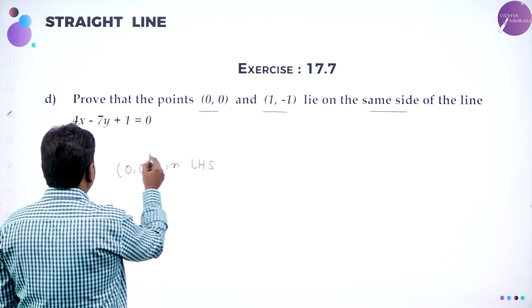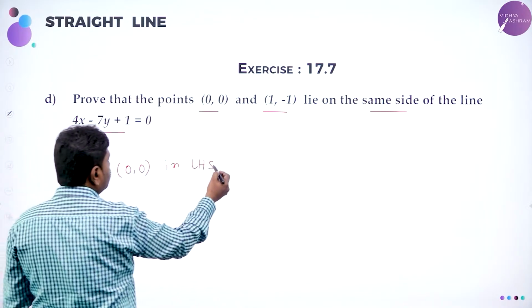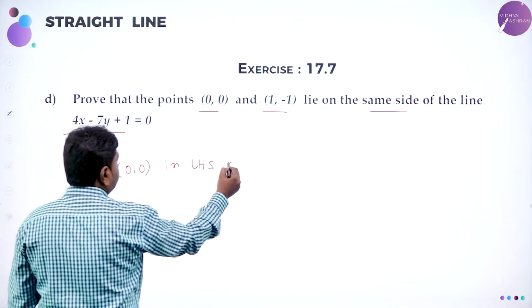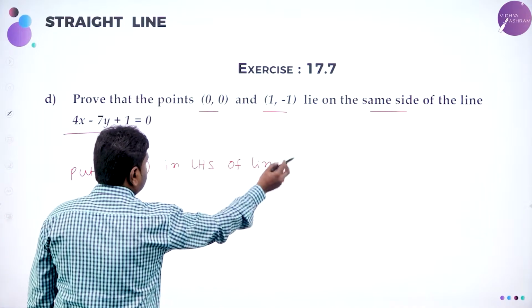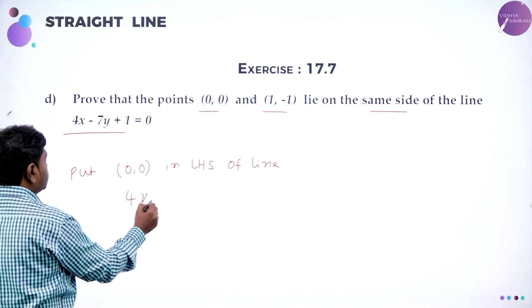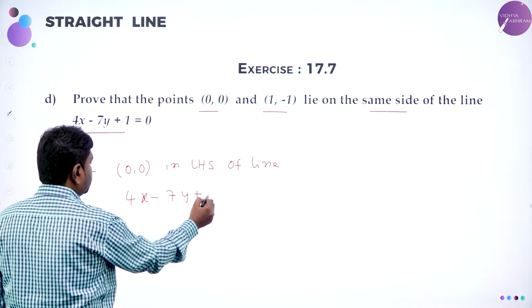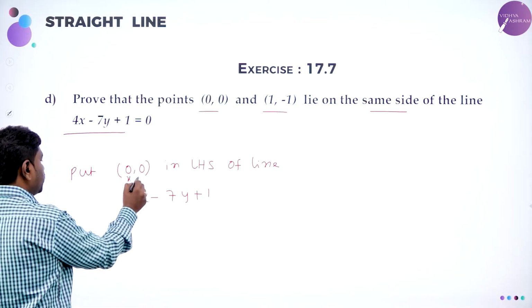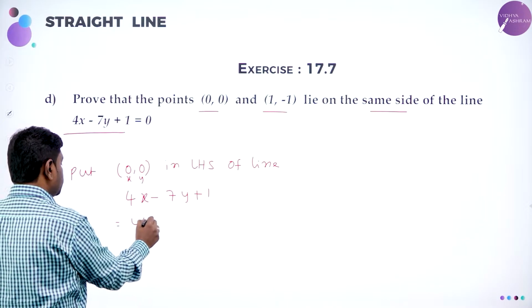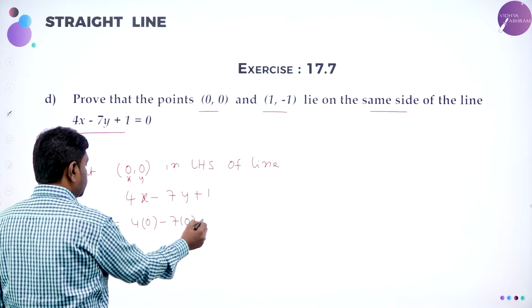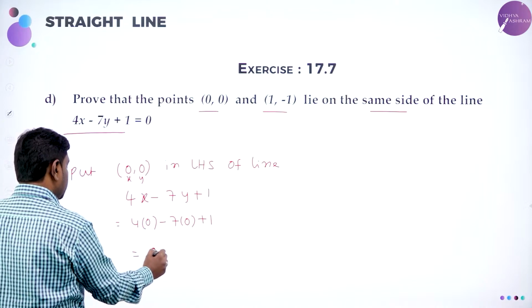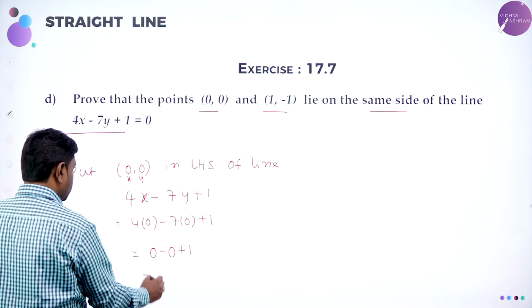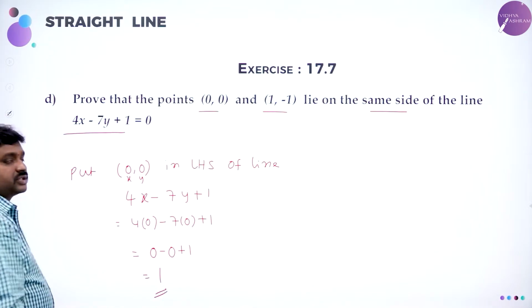The line should be in the form ax plus by plus c equal to 0. What is the line equation? 4x minus 7y plus 1. In the place of x and y, put the x coordinate and y coordinate. So 4 into 0 minus 7 into 0 plus 1. That is 0 minus 0 plus 1. That is 1. So you are getting positive 1.